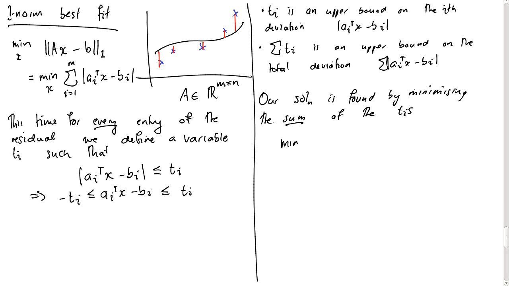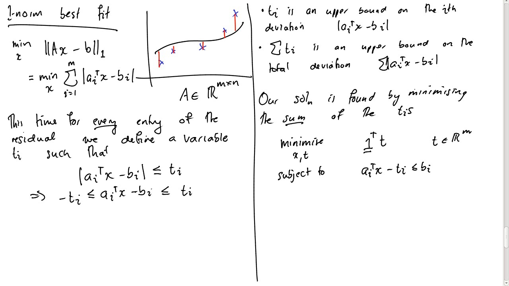So we want to minimize over x and t, now t is a vector, same size as x, the sum of the t's. Once again, I'll write that as a vector 1 transpose t, where t is in R^m. Okay, subject to the following constraints: ai transpose x minus ti less than or equal to bi.